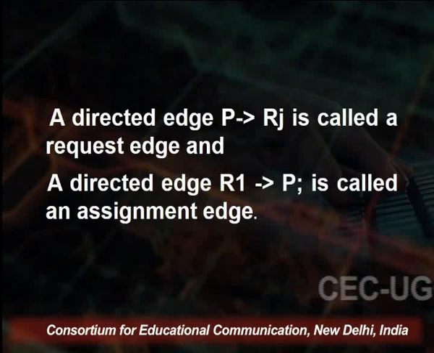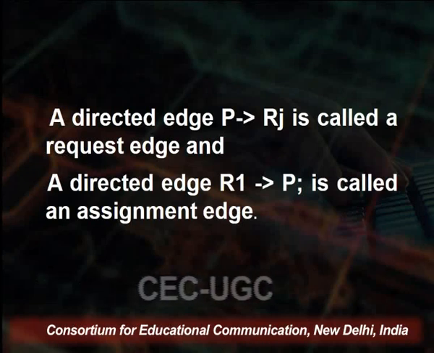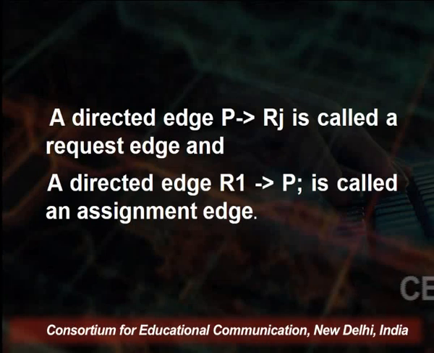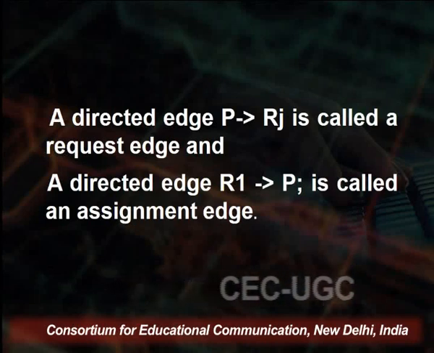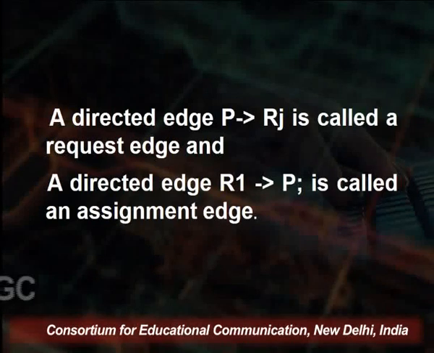Now if the edge is from process to resource, that means the process is requesting the resource, and it is known as a request edge. And if there is a directed edge from the resource to process, it is known as an assignment edge.